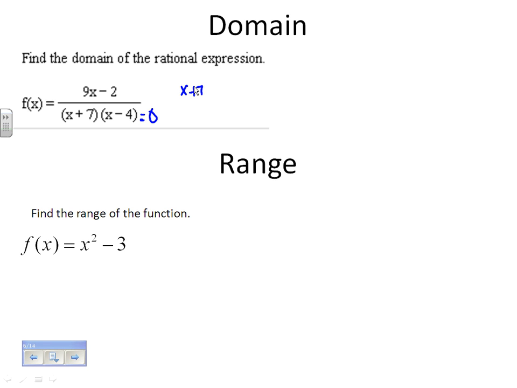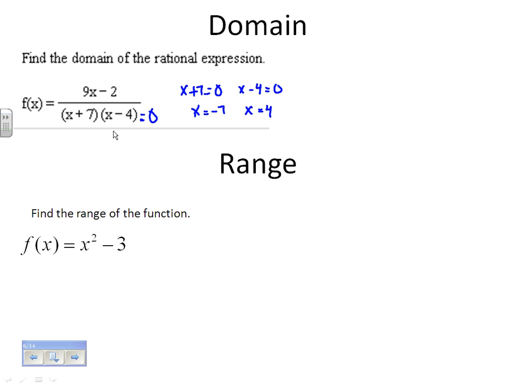So I need to say, well, x plus 7 equals 0 and x minus 4 equals 0. What does x equal? And if you can do this in your head, that's fine. You don't have to write it out. x would equal -7 and x would equal 4. So those are the two numbers that when I plug in on the bottom give me zeros.